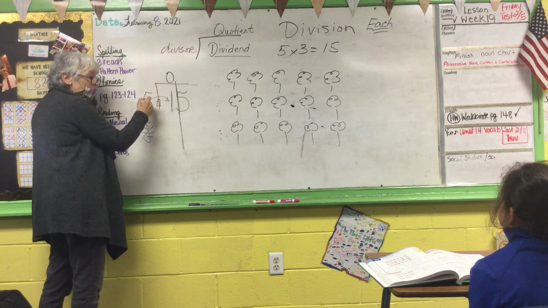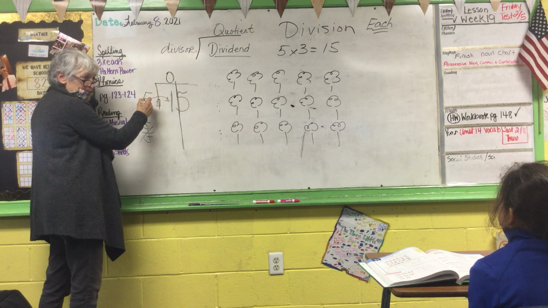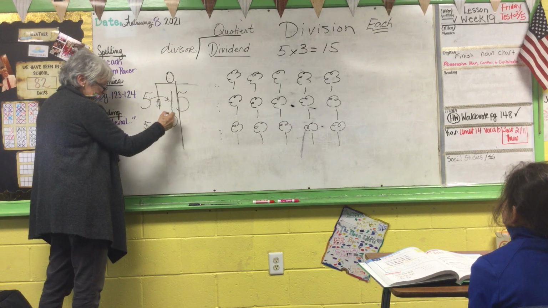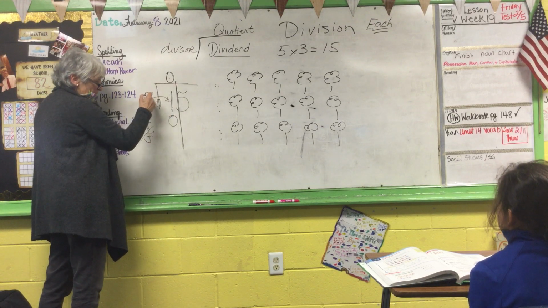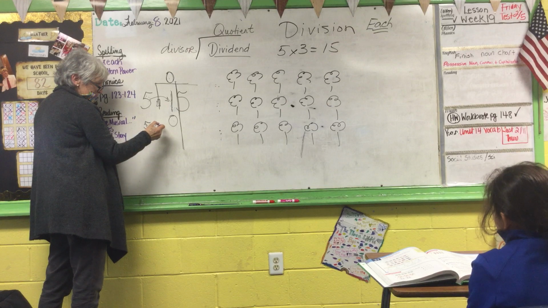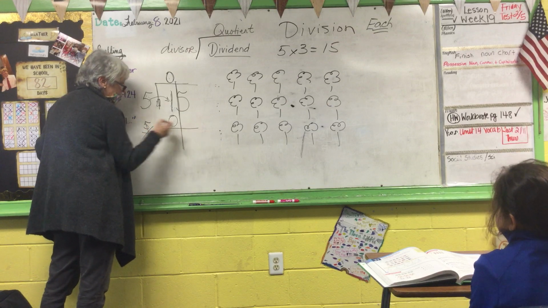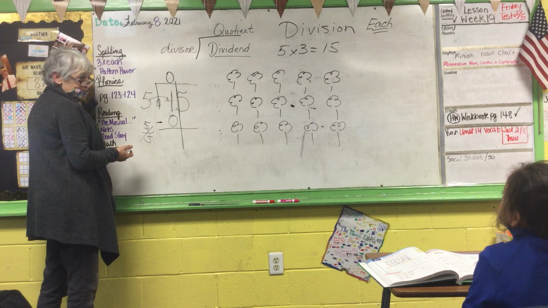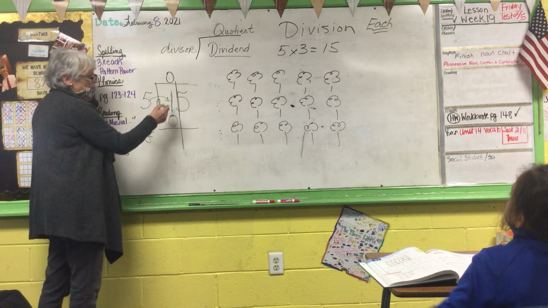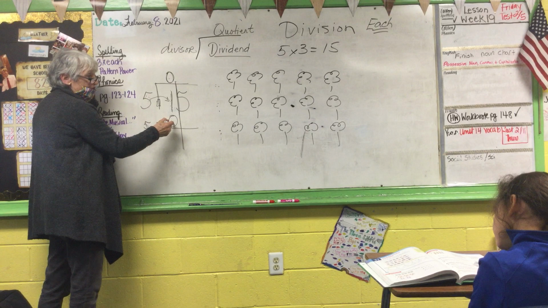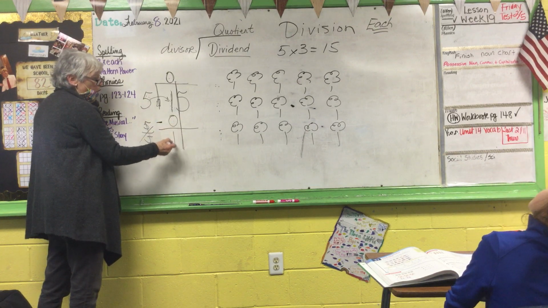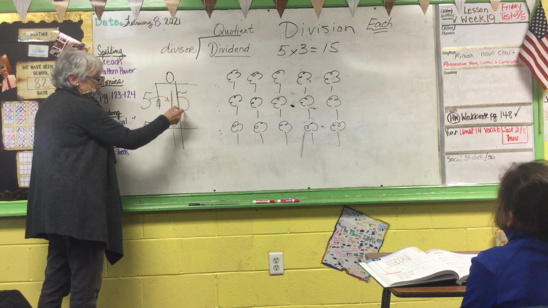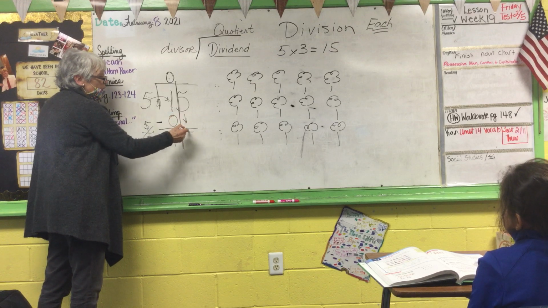How many is 0 times anything? 0. All right. 0 times 5 is 0. Then draw your line, and we're going to subtract. 1 take away nothing is 1. And then you bring down the 5.